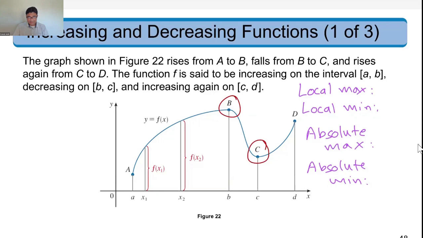How many tables, how many chairs, and there will be functions that you can use to model the profit that you make out of it. So you might be interested in what you should do so that you get max profit. In the same way, there are any number of situations you can imagine where you want to find either the max or a min. So this increasing and decreasing helps us in that.